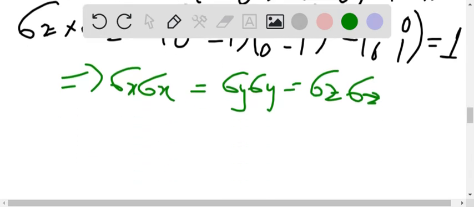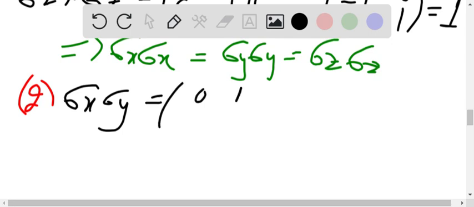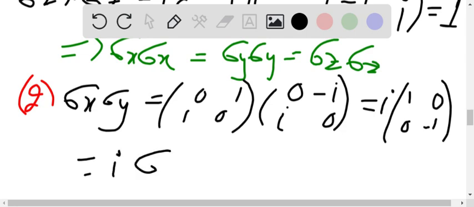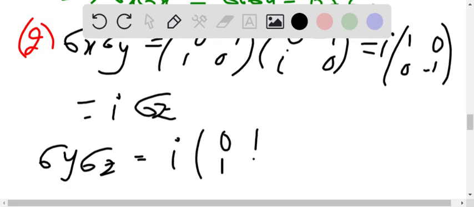Now what we are going to do for part 2. We are going to multiply sigma x with sigma y. So we get that [0, 1; 1, 0] times [0, -i; i, 0] is equal to i [1, 0; 0, -1]. So this is equal to i sigma z. Similarly, we are going to do it for sigma y and sigma z, and this would be equal to i [0, 1; 1, 0].